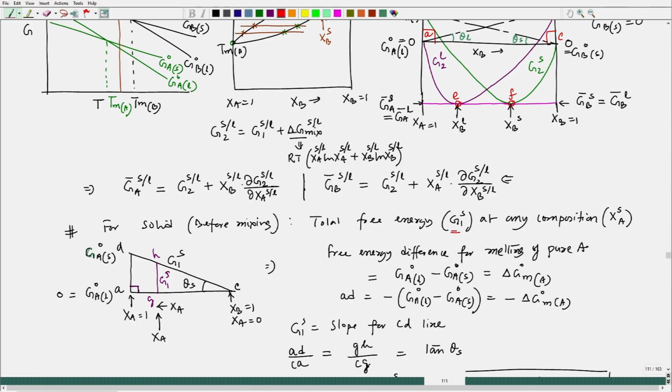We will use this one as well as this one for finding 2 specific compositions, XBL as well as XBS, and then we can solve for XBS and XBL.